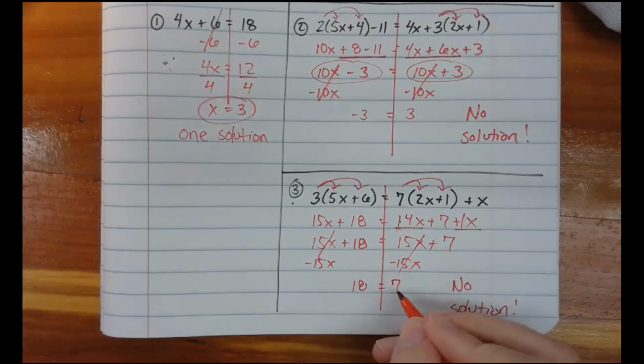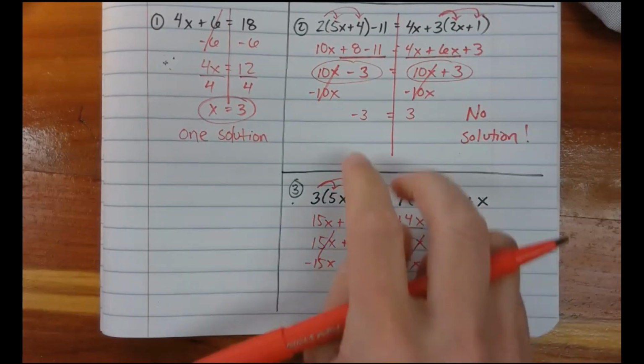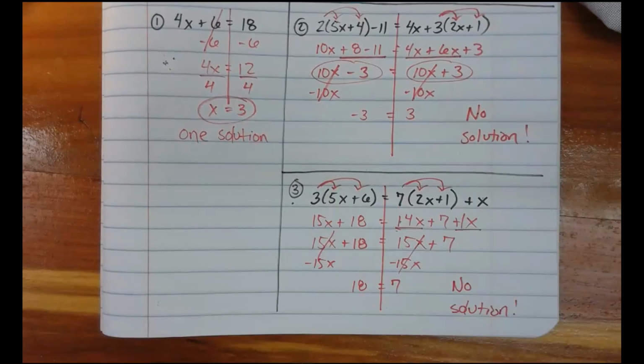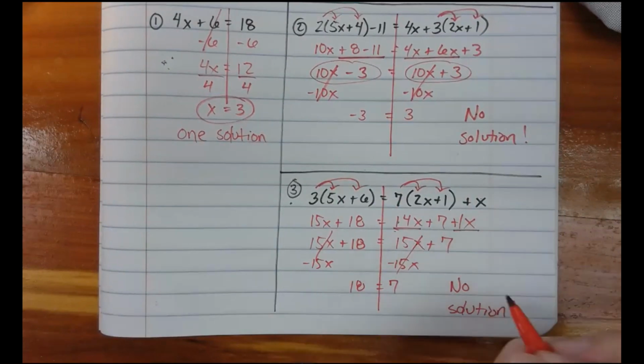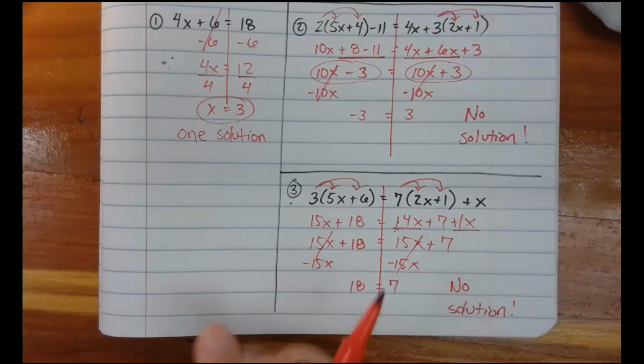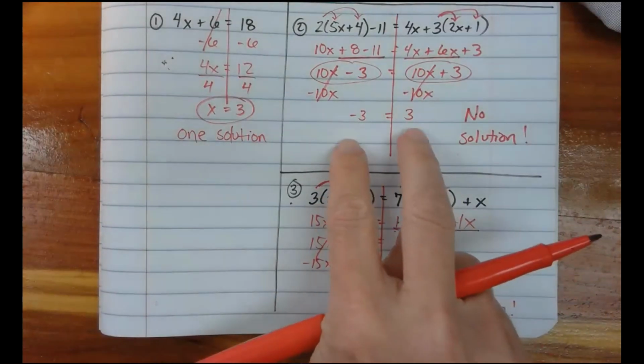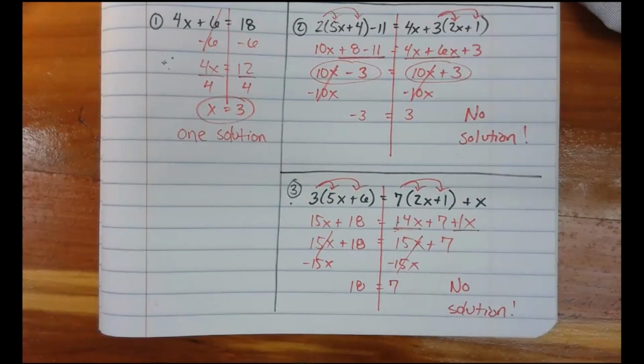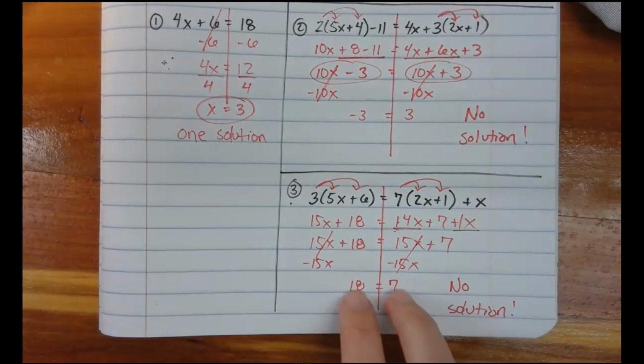If this had been 18 is equal to 18, of course, it would be infinite solution. If these numbers had come out to be the same, it would be infinite solution. So make sure that you pay attention to that on your practice. And when they come out to be two different numbers, make sure that you pick no solution. If they do end up being the same, that's when you're going to get infinite solution. Good luck on your practice.